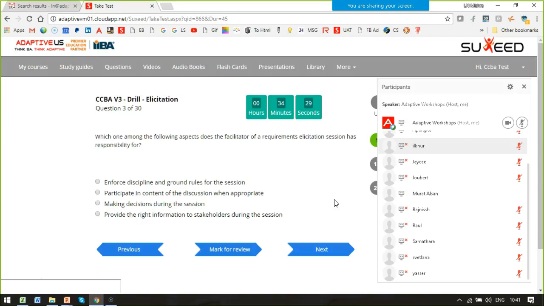When you read BABOK, you will very clearly see the maximum role for a facilitator is to make sure that the process is followed. The rest he or she may do. It's not that BABOK bars you from doing that, but your primary responsibility is to make sure that the discussions go in the right direction, in the right way.